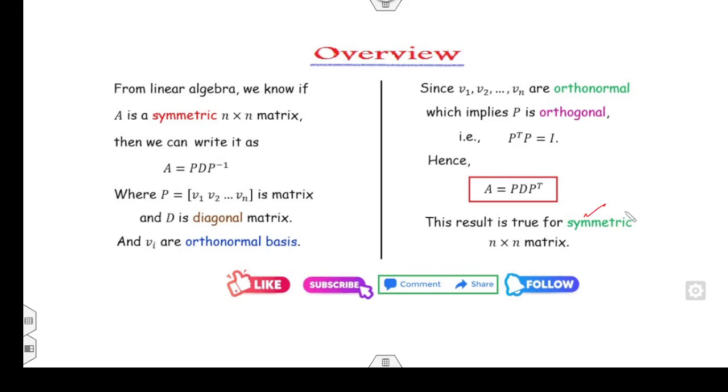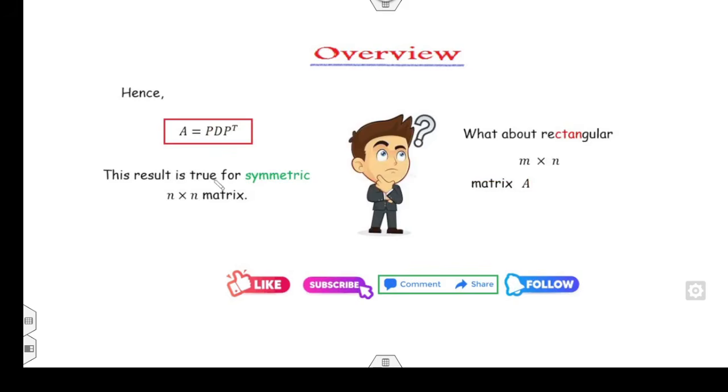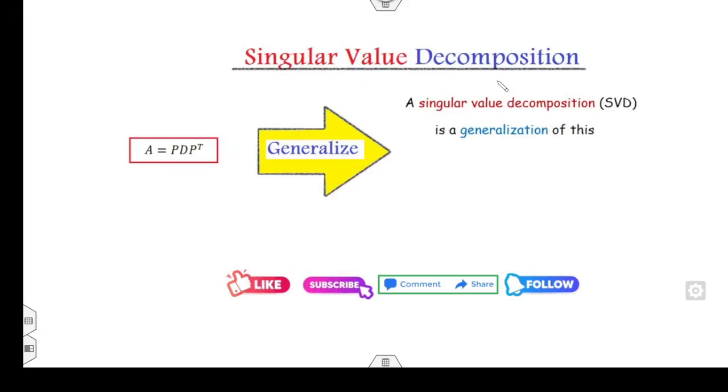But the question arises: what will happen if you have an m cross n matrix? Clearly, this is not a square matrix. Then we can extend the result A equals PDP transpose to the m cross n case. We use the concept of singular value decomposition.